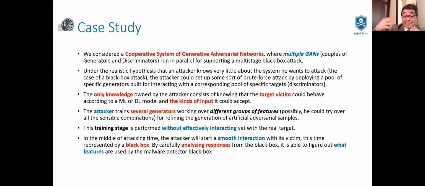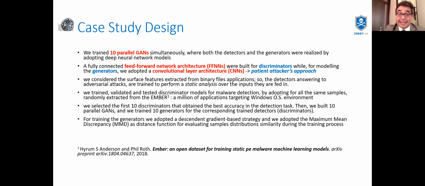The attacker starts with very little interaction with the victim, and this interaction is aimed at obtaining the results of the classification of GAN-produced malware. So we train 10 parallel GANs simultaneously.